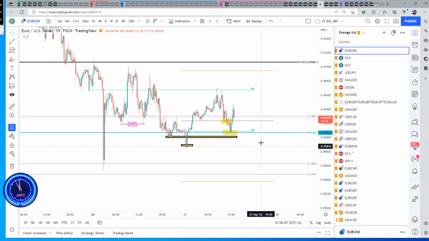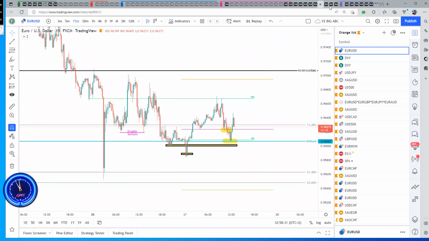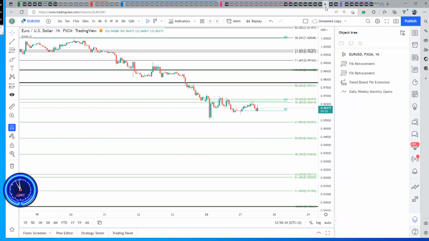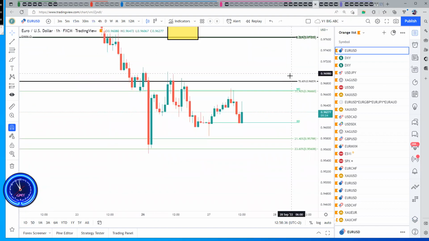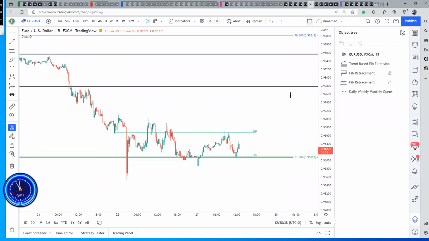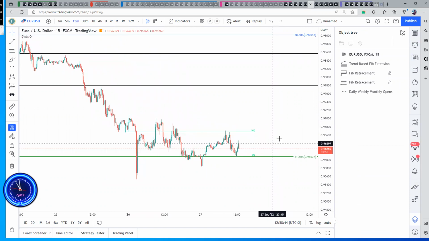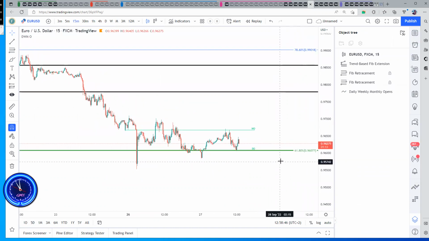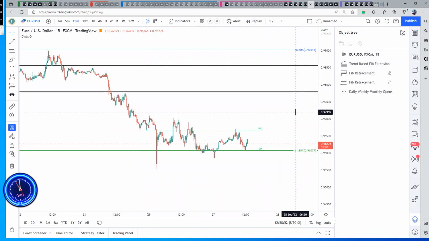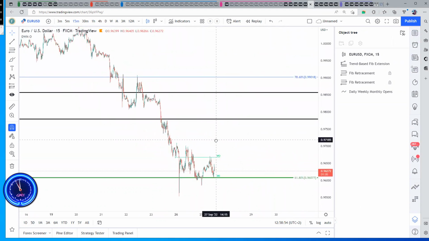For today, we have this monthly order block, the daily open here that has been holding the price, together with some fibs on the other chart, the 61.8 extension too. So we have a lot of things to hold the price one way or another. If not right now, then between today and Friday, I expect a real nice bounce on the EURUSD.